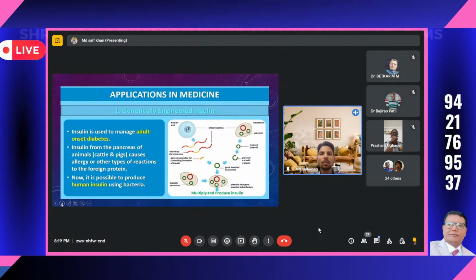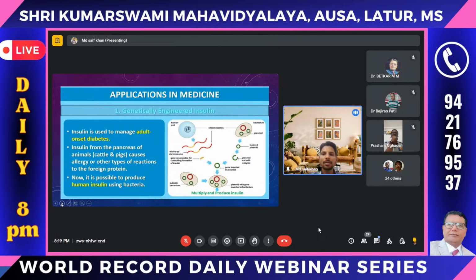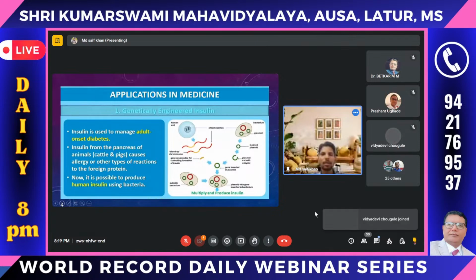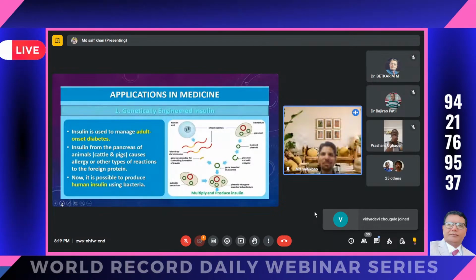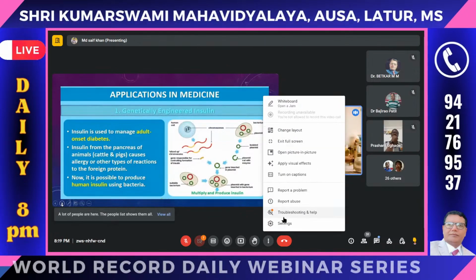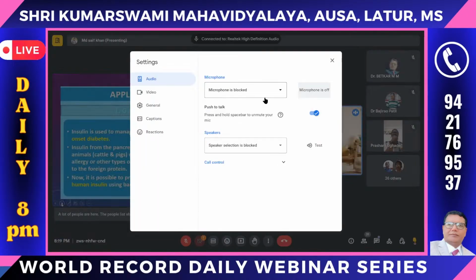As we know, diabetes mellitus is the major or largest disorder in humans in India. It is caused due to the deficiency of insulin protein, right? Or our beta cells losing the ability of producing the insulin protein.